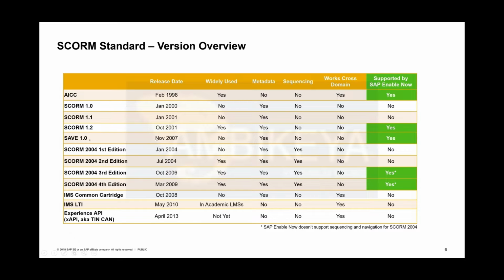Is SAFE 1.2 supported? No one probably knows. It's quite special to the European, or maybe even focused on the German insurance industry. It's a special derivative of SCORM 1.2, which was created in 2007 by a European or a German committee.